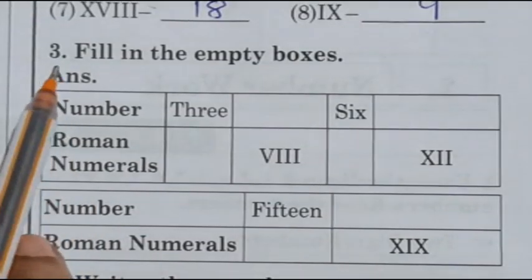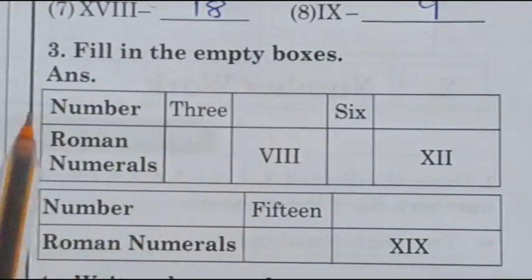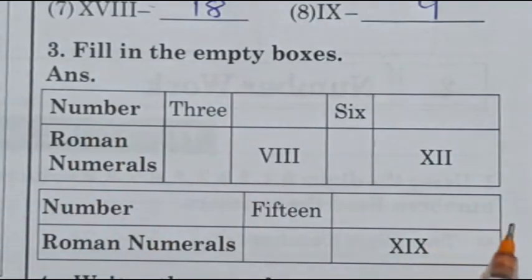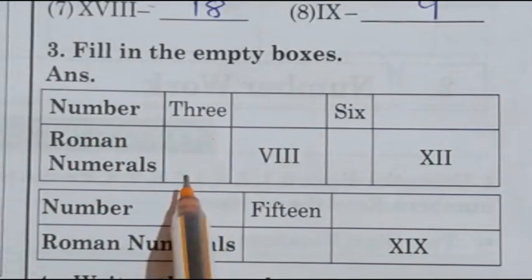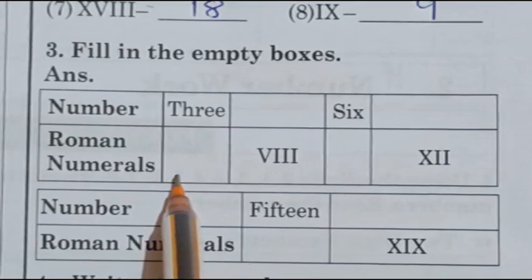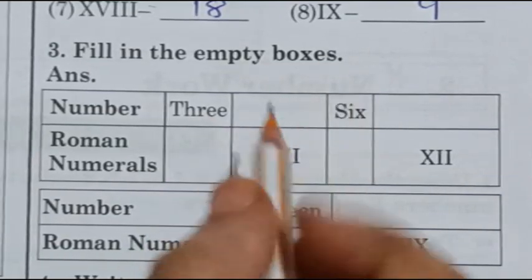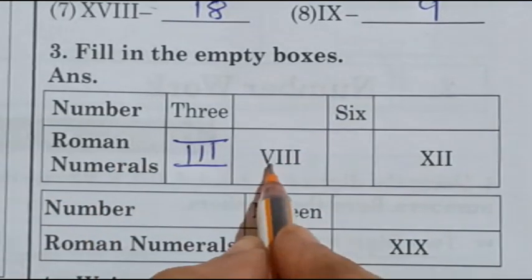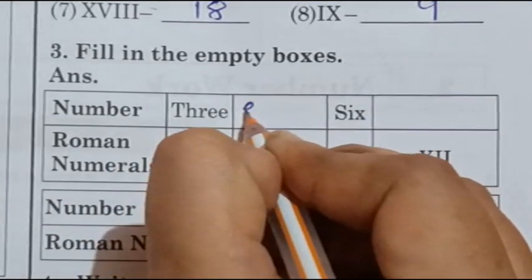That is question number 3, fill in the empty boxes. You have to fill in the empty boxes. They have given the number and Roman numerals. So numbers they have given in words, you are supposed to write them in Roman numerals. So first one is 3. So Roman number 3. Here it is Roman number 8. So we'll write the spelling.